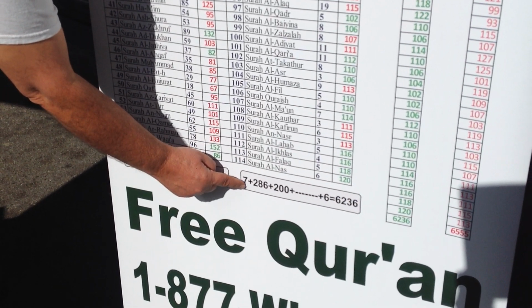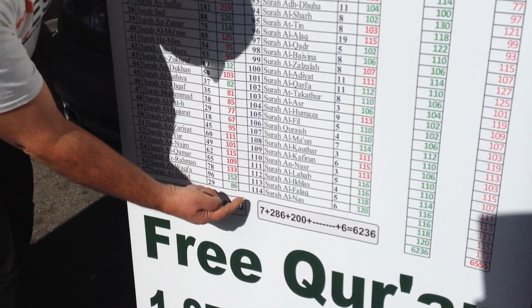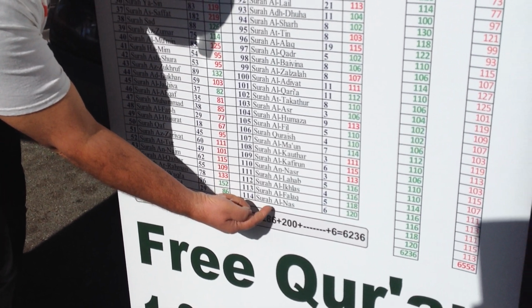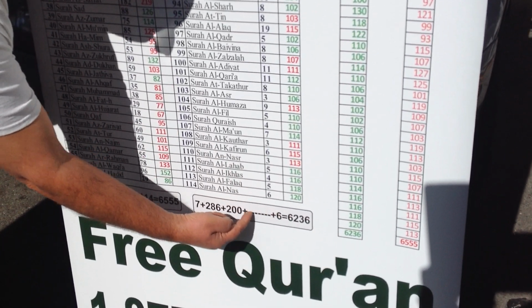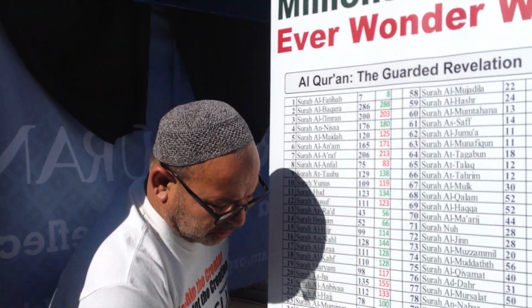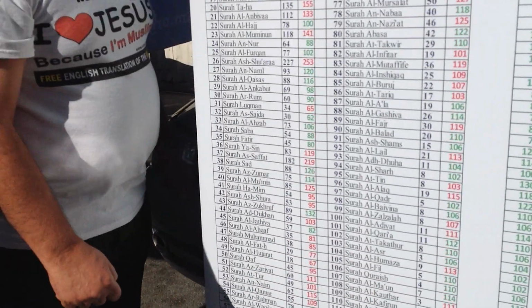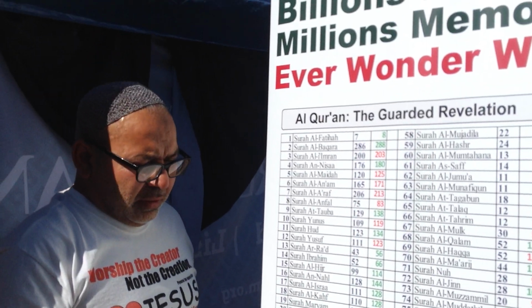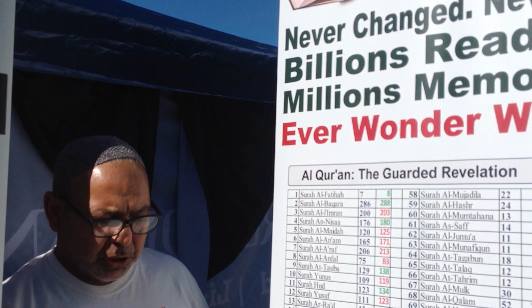So the Quran has 114 chapters and 6,236 verses.